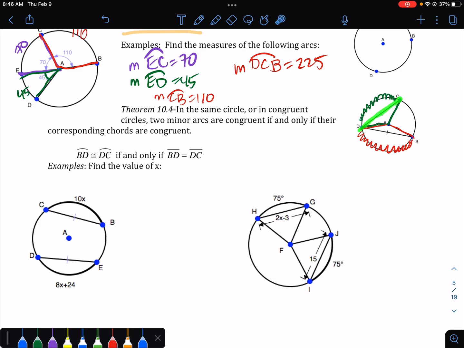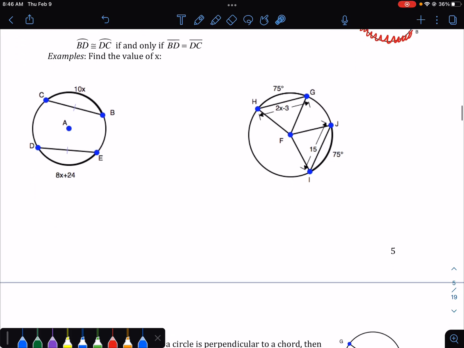So if the chord for that minor arc is congruent to the chord for the other minor arc, then those arcs have to be congruent. So if we know that this is the same as this, then we know that this chord is congruent to this chord. And you can go the other way as well. If I know the chords are congruent, then I know the arcs are congruent. If we know the arcs are congruent, then we know the chords are congruent. You can go both directions.